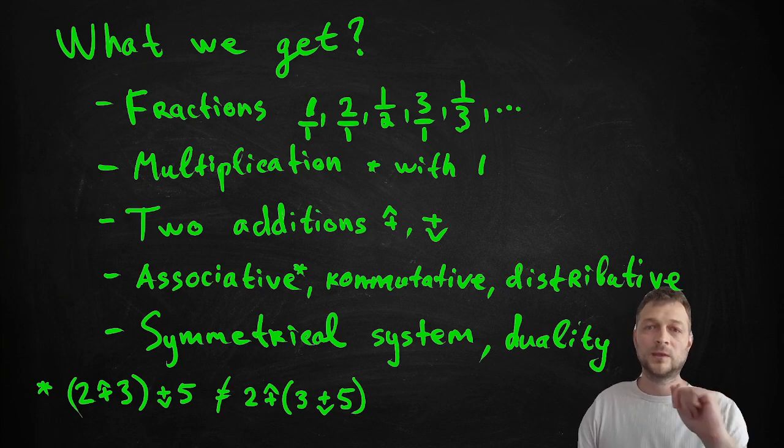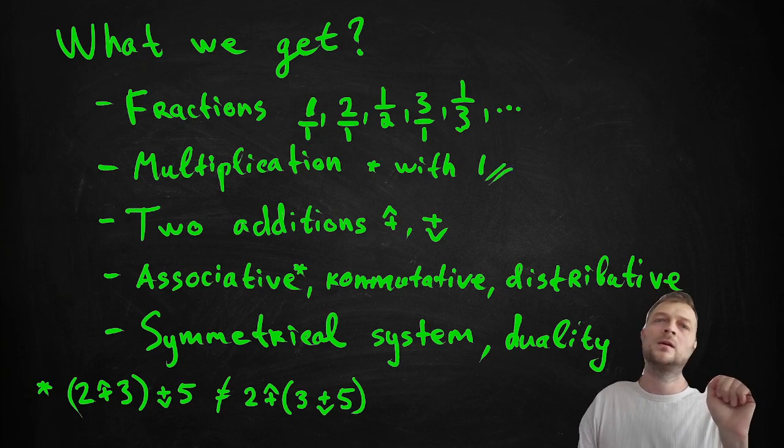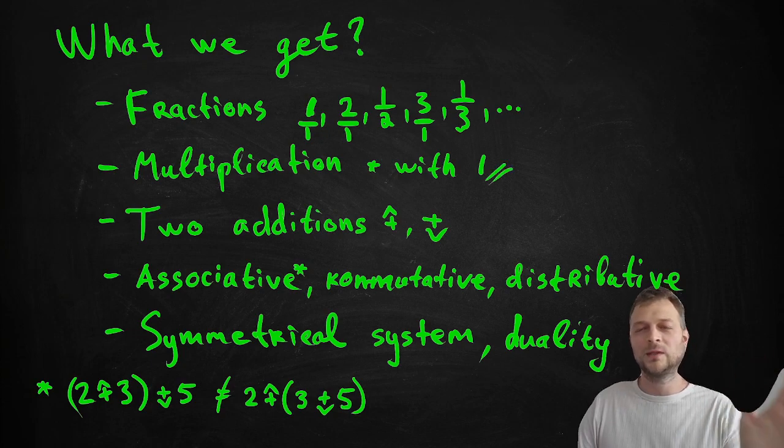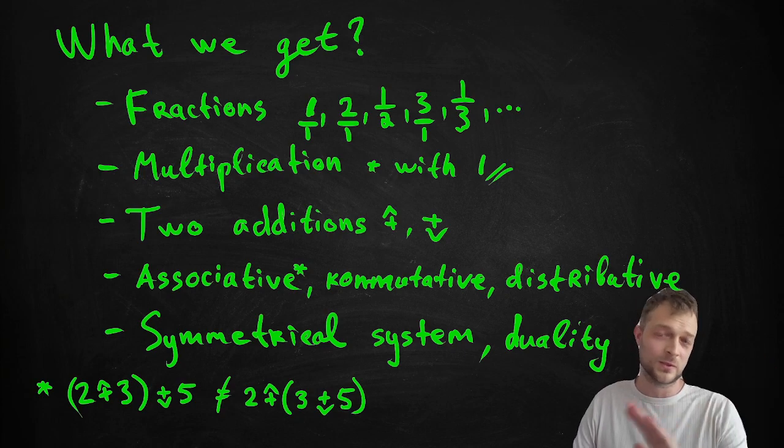We have a multiplication operation with identity element 1. We have two completely equivalent additions that work simultaneously on this system. We get associative, commutative, and distributive laws working, and we got this duality, a complete symmetry in our system. So we don't need to choose which of the sides we prefer.